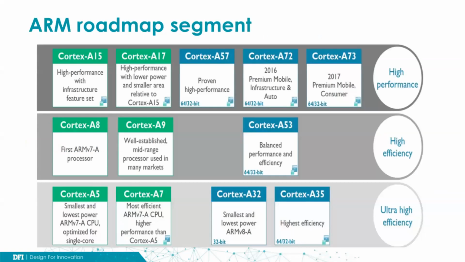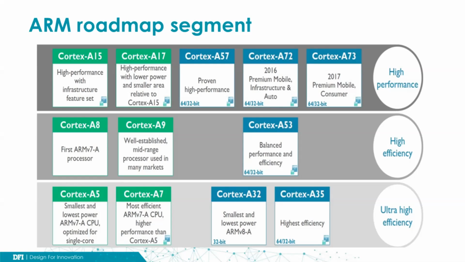Before we move on, about ARM, or what we call RISC CPU, this is something you need to know. On the ARM CPU segment, inside the core, there are three major product segments. The first one we call high performance, so hardware designers can choose the Cortex A73 high-end core for the CPU.